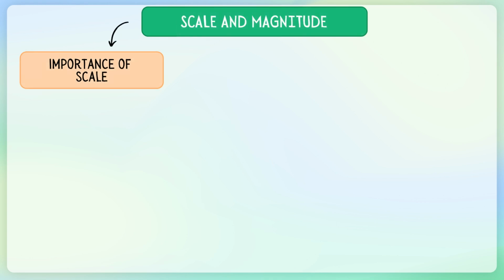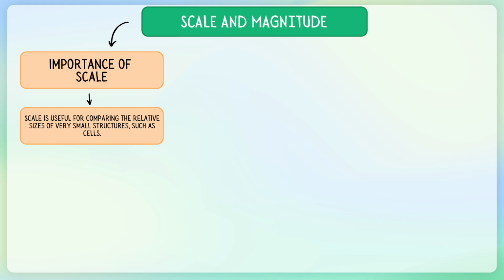In today's lesson, we delved into the concepts of scale and magnitude to help you understand how to make calculations in cell biology using orders of magnitude and standard form. First, we explored the concept of scale, helping you to grasp how vastly different sizes can be effectively compared and calculated.